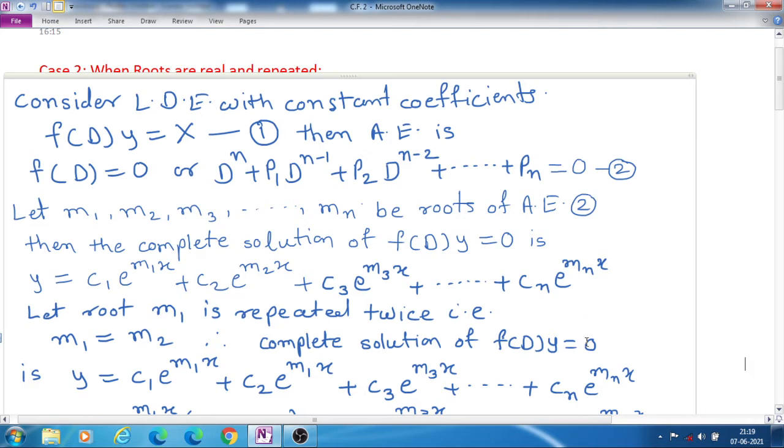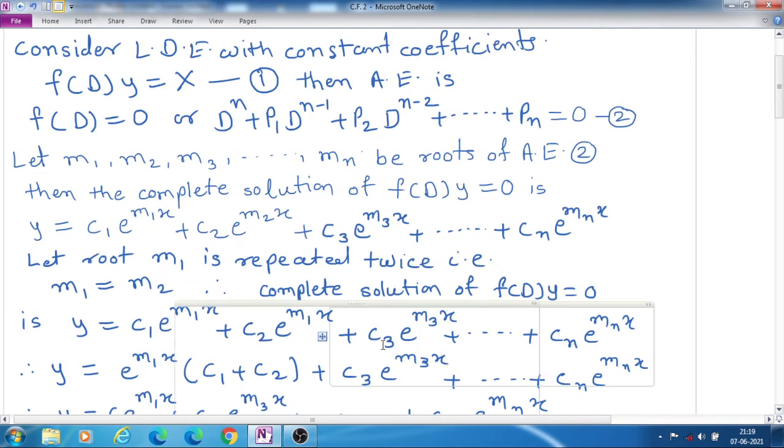Now out of those n roots m1, m2, mn, if any root, say m1, is repeated twice, that means m1 is equal to m2.